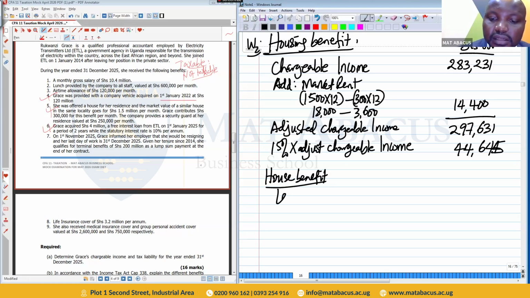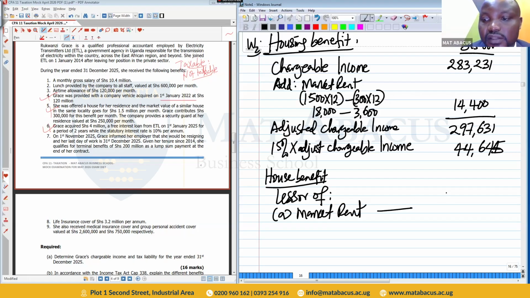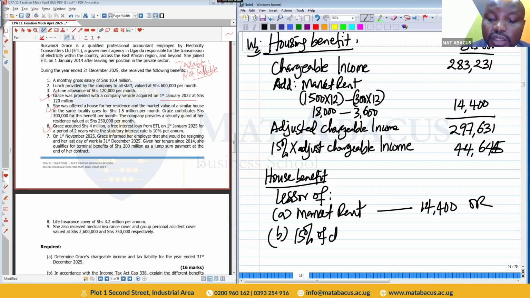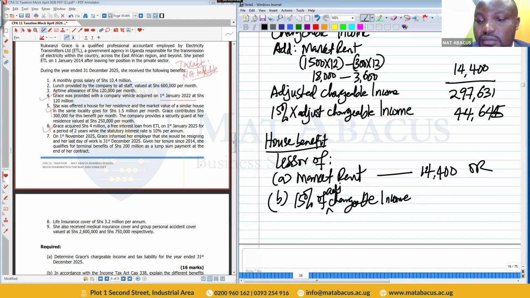Now, housing benefit. It says take the lesser of A, the market rent, which is in this case 14,400, or B, 15% of adjusted chargeable income, which would then now be 44,645.